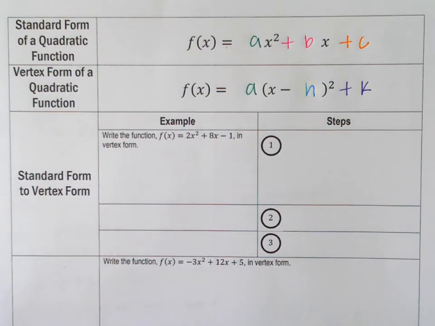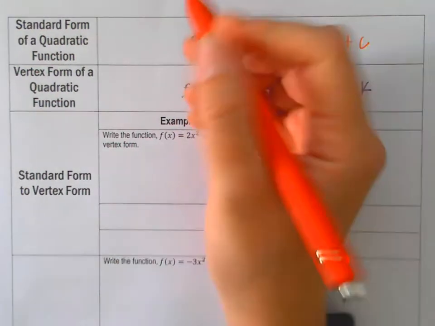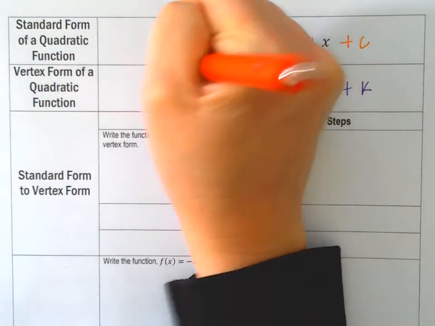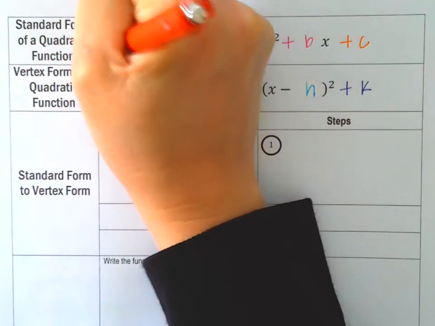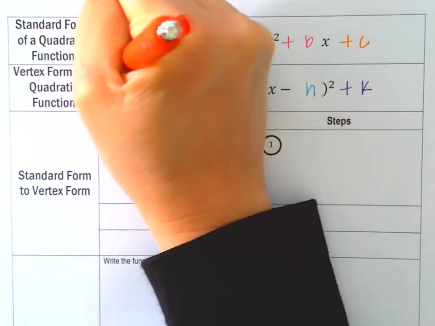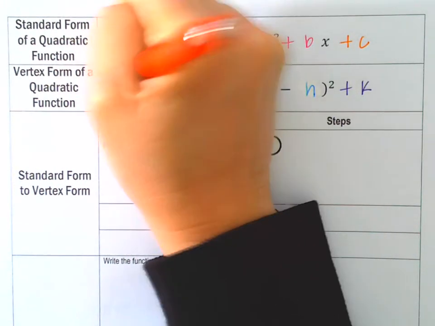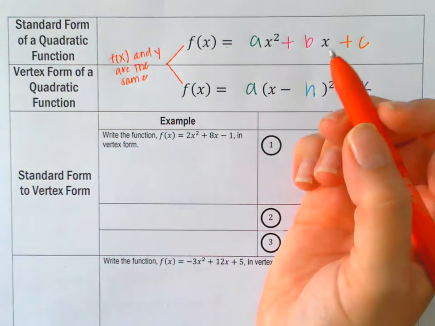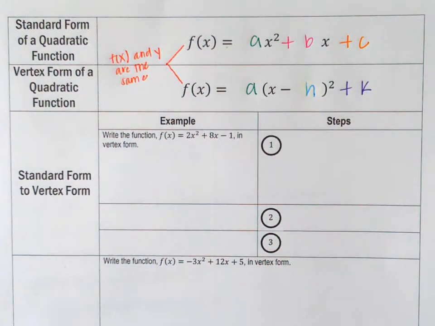Okay, so a few things. First, we know f of x and y are the same thing. We wrote that before. So you can use f of x, you can use y, it doesn't matter. And if you notice, it's the same a value.